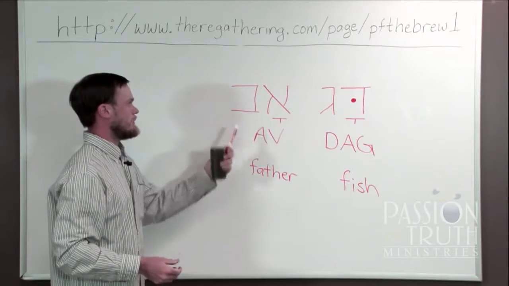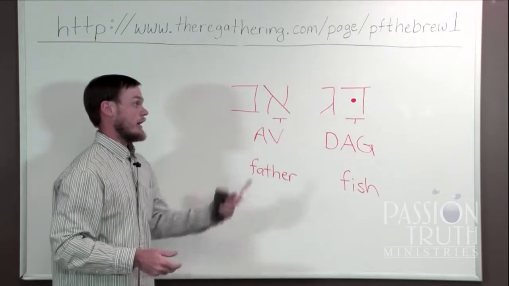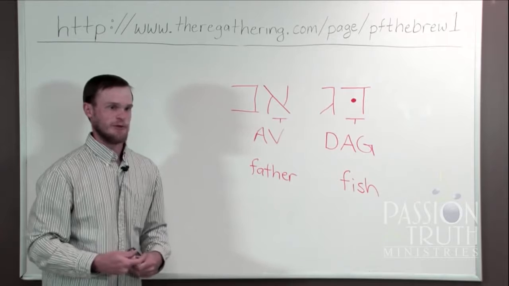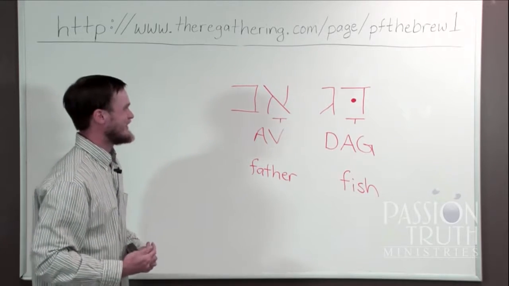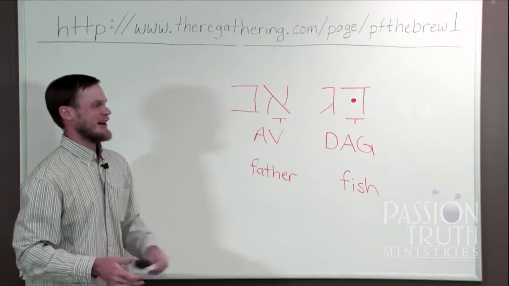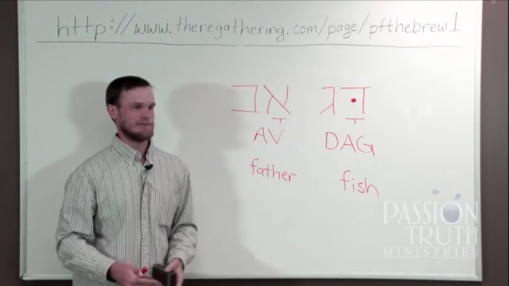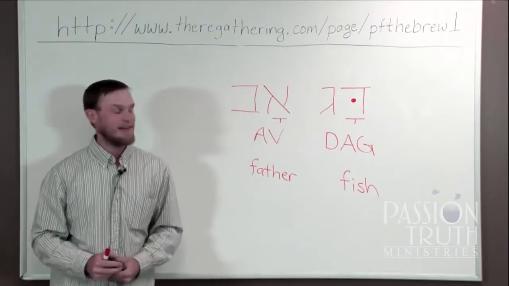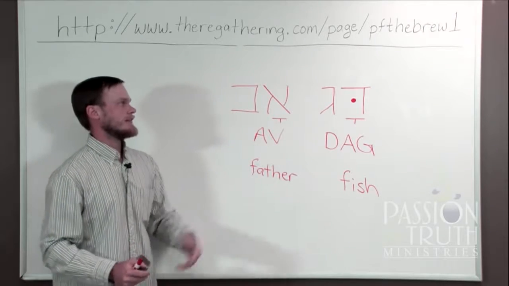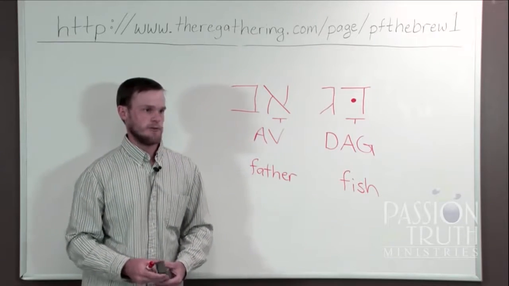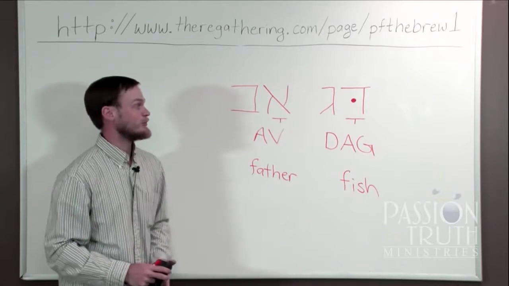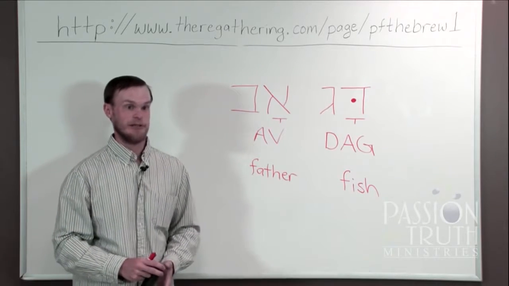I only throw in dag because that's all the words we can make at this point with just these letters. So, Av, I have a strategy behind dag. It's just so you have twice the vocabulary that you did before. Dag is a word you will encounter frequently in the scriptures, though, because the scriptures do mention fish a number of times, and so you will recognize it as you read through.